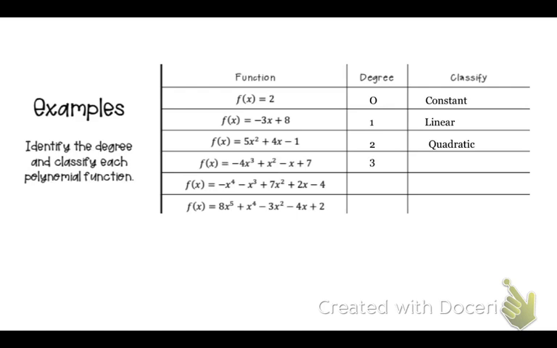This next one is 3, which is a cubic, 4, which is a quartic, and 5, which is a quintic. After 5, I'm not going to give you that. It'd probably be something like sextic. I don't know. But I wouldn't give you over 5. So that's where you got to stop.